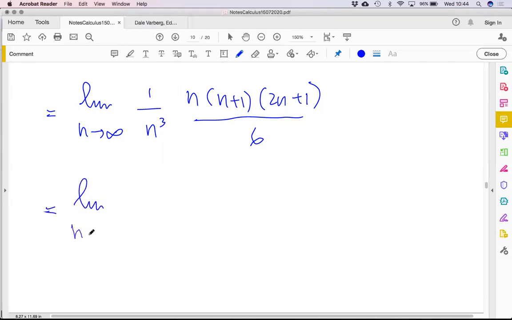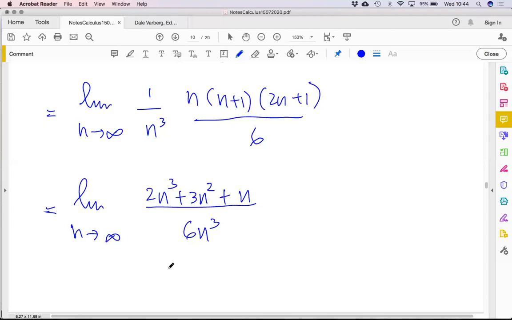Okay, let's continue our calculation. We can simplify this first. This is 6n cubed. This is 2n cubed, right? And then you have 3n plus 3n squared plus n.